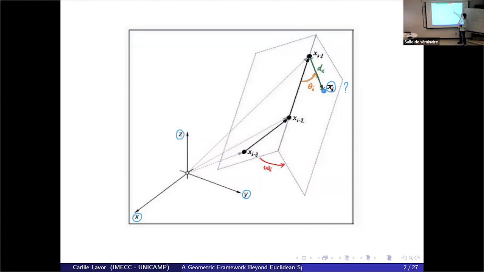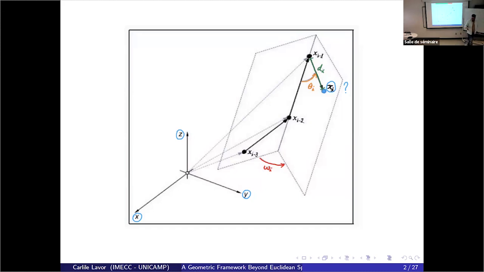In fact, internal coordinates are like a local representation, because the idea is how to compute the position of this atom in terms of its three predecessors. Using the homogeneous coordinates in R4, which are very useful and widely used in computer graphics, we can represent these three movements: two rotations and a translation.